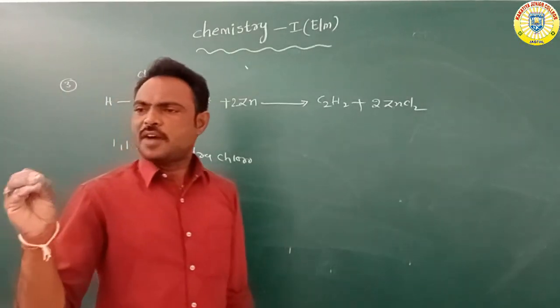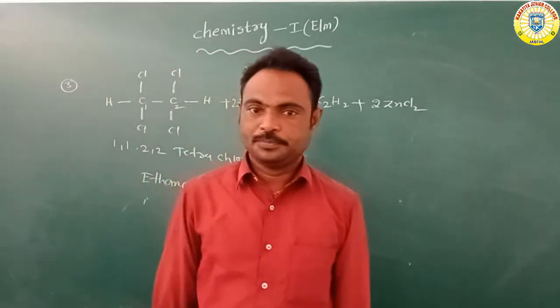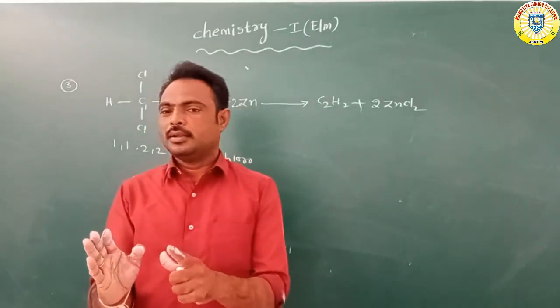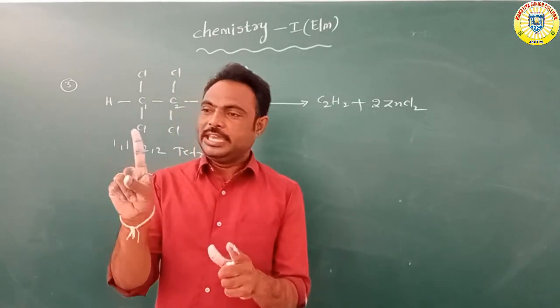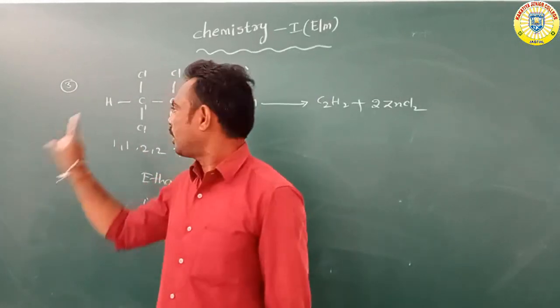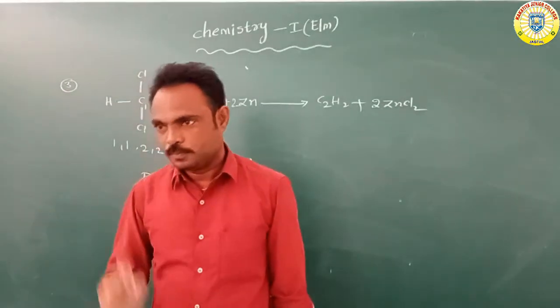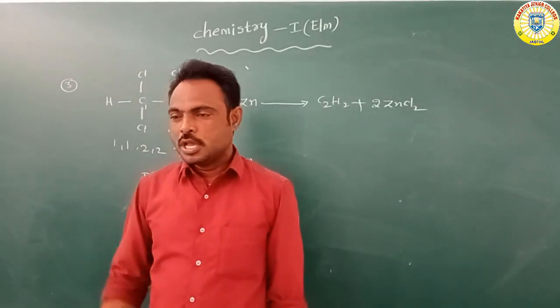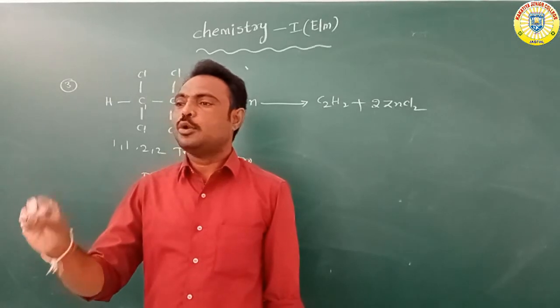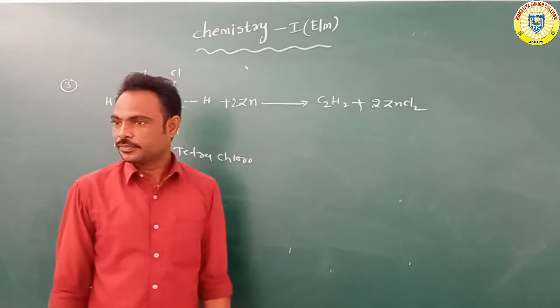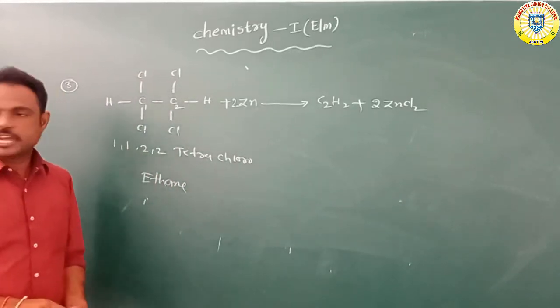What is the formula of ozone? O3. Overall, alkenes and alkynes react with the ozone. So this type of reaction is called ozonolysis reaction. What is ozonolysis reaction?